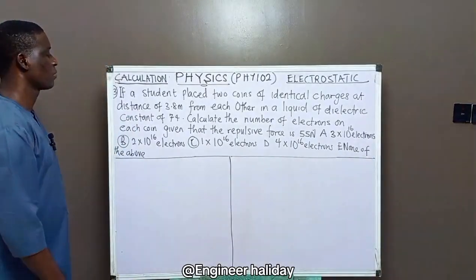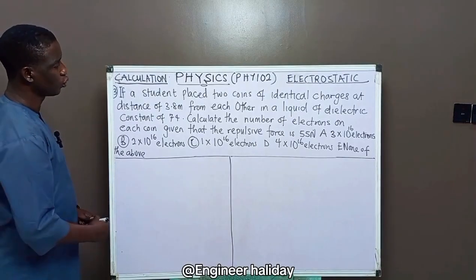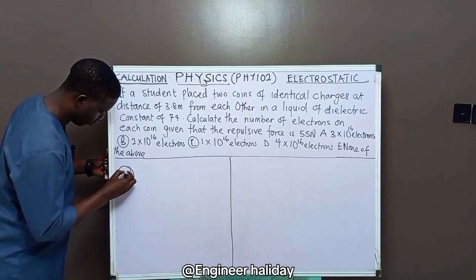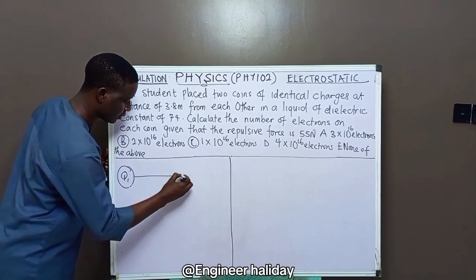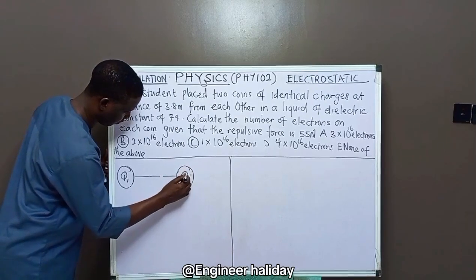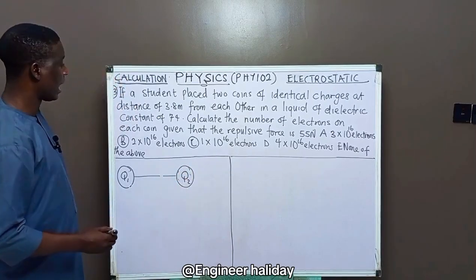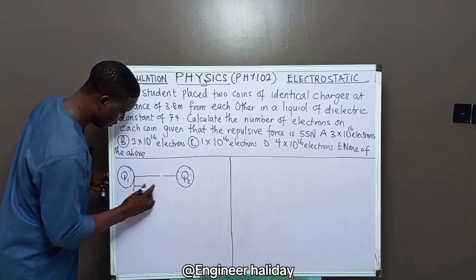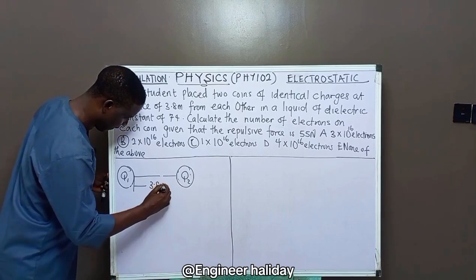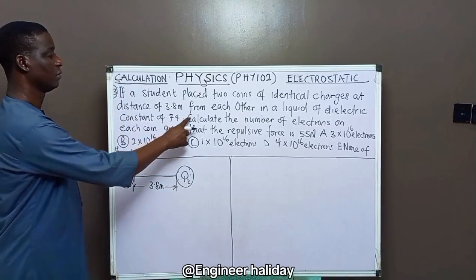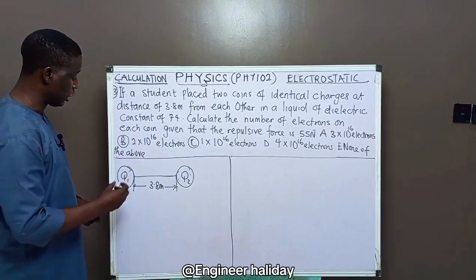So now let's start. If a student places 2 coins of identical charges, this is coin number 1, Q1, coin number 2, Q2, at a distance of 3.8 meter apart from each other in a liquid.